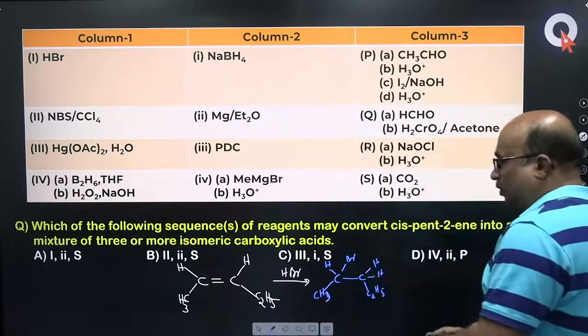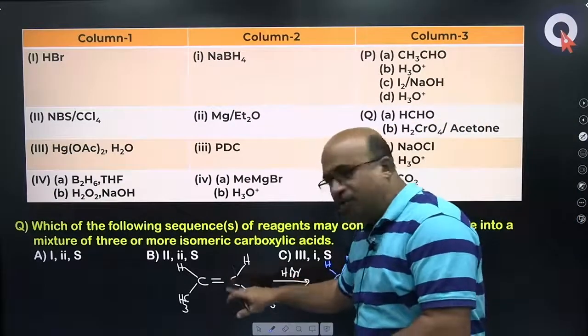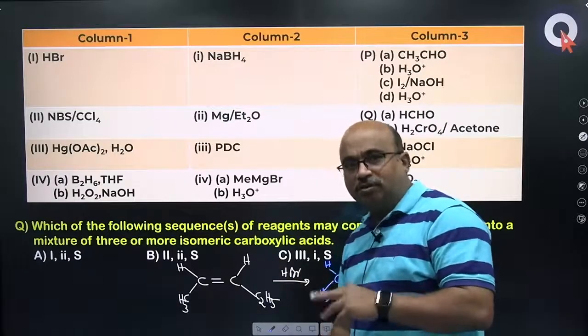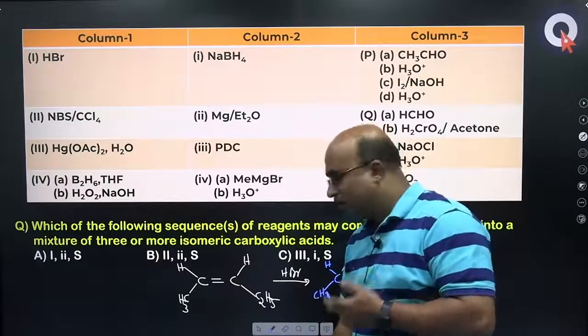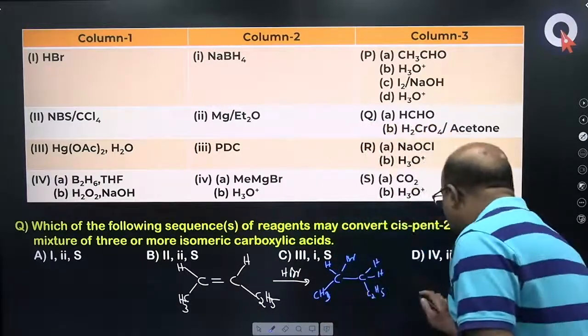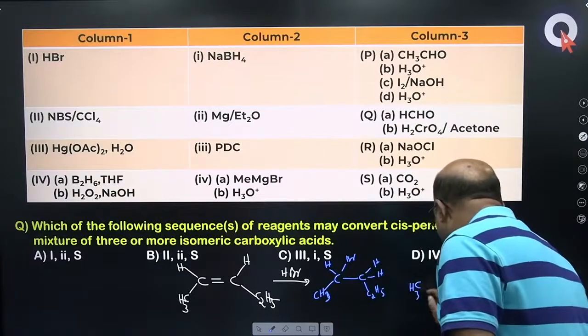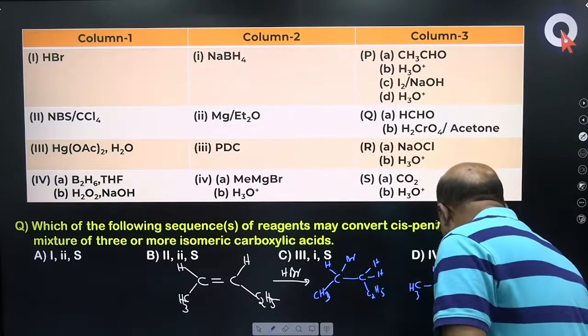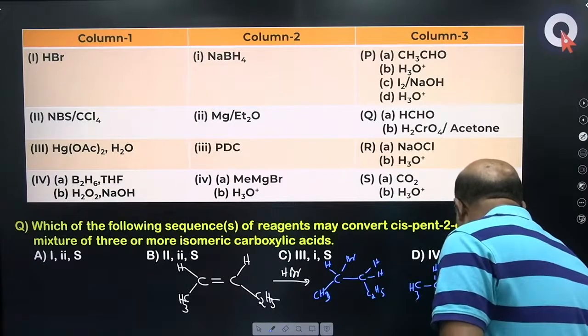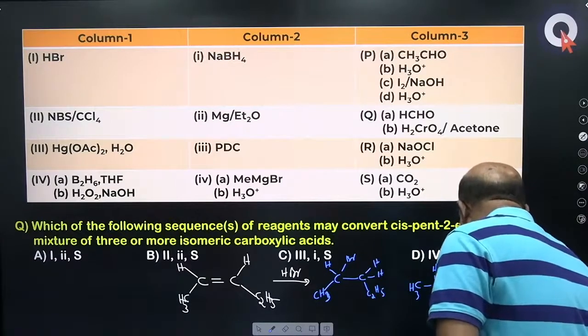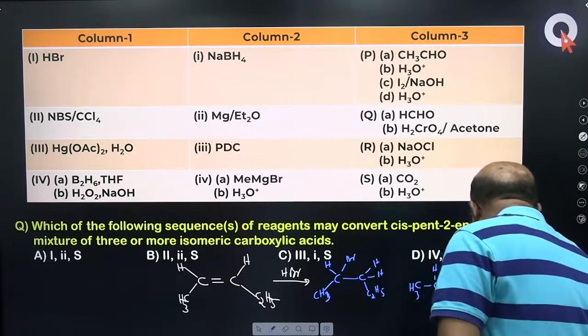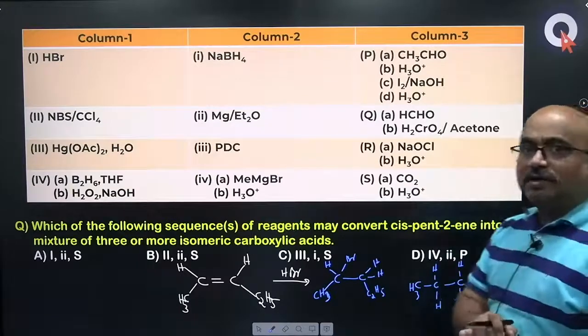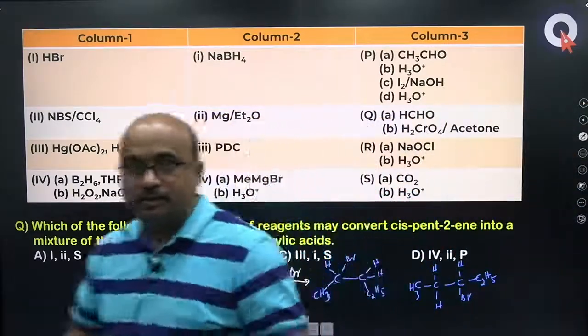Or because the carbocation here or here is more or less equally stable, you don't have that much difference. So it is CH3, CHBr, C2H5. It results in two halides.